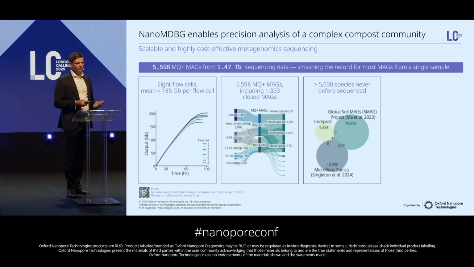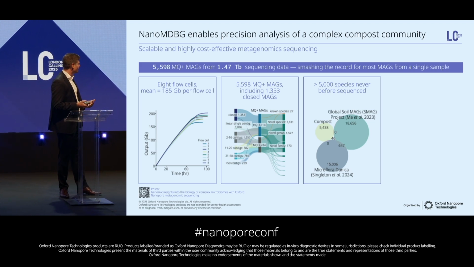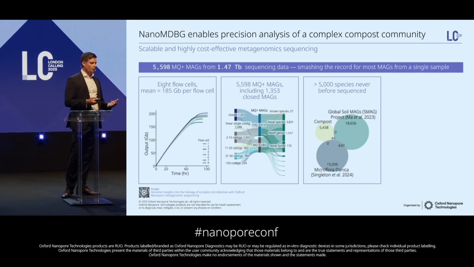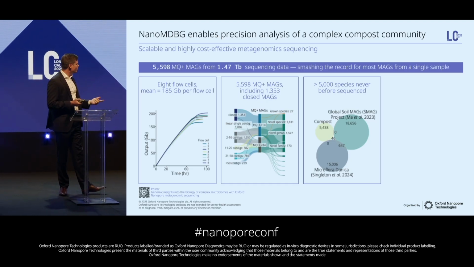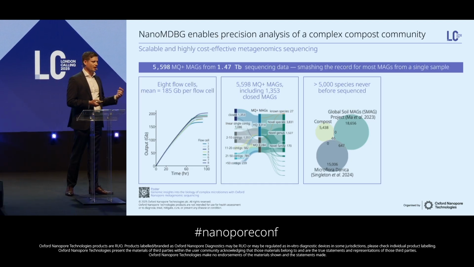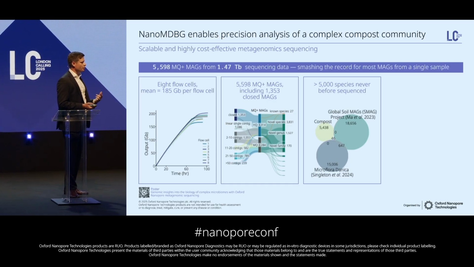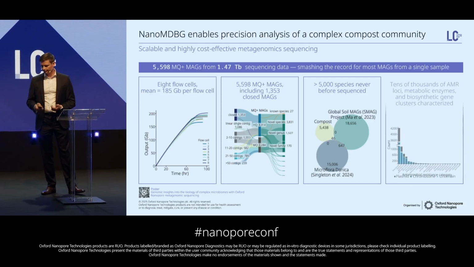They were not in the genome taxonomy database, nor did they overlap with 2 recent large soil MAG studies, although you can see those databases also don't overlap with each other. So it really is true that soil tends to harbor an immense amount of novel biodiversity.